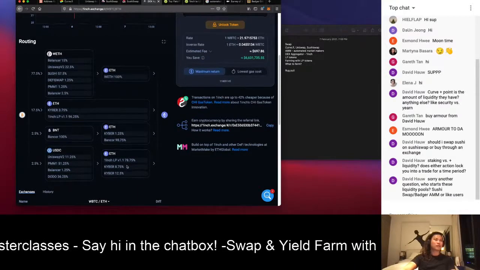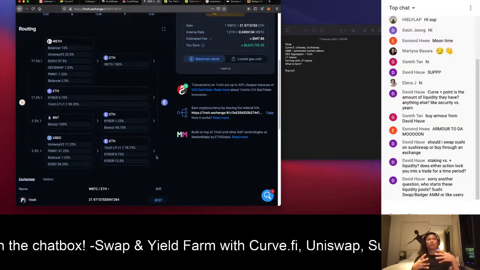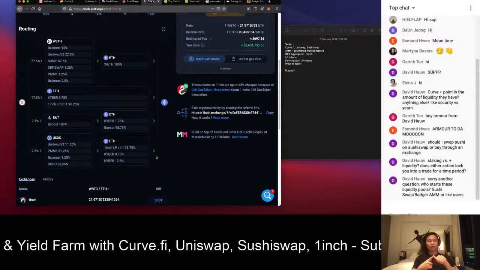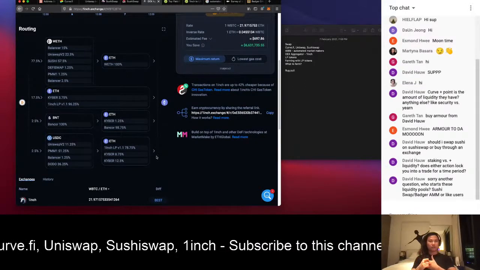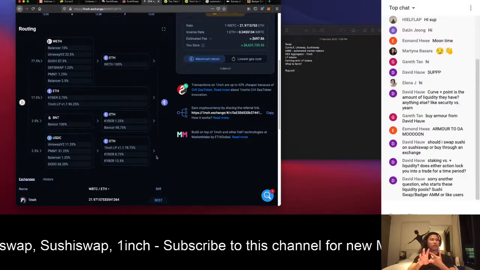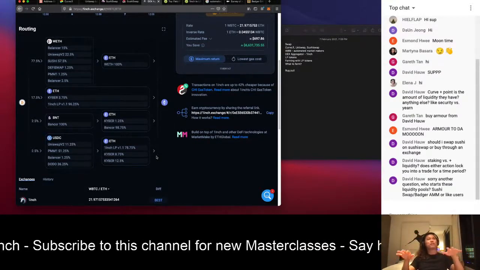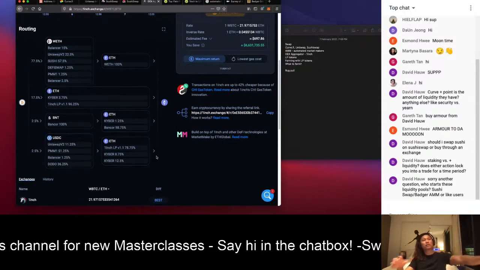So you're basically able to move a huge amount of tokens without KYC, without any form of permission, no broker, right? You go through 1inch. 1inch is going to search for the best places for you to do the switch, and then they will execute everything for you.